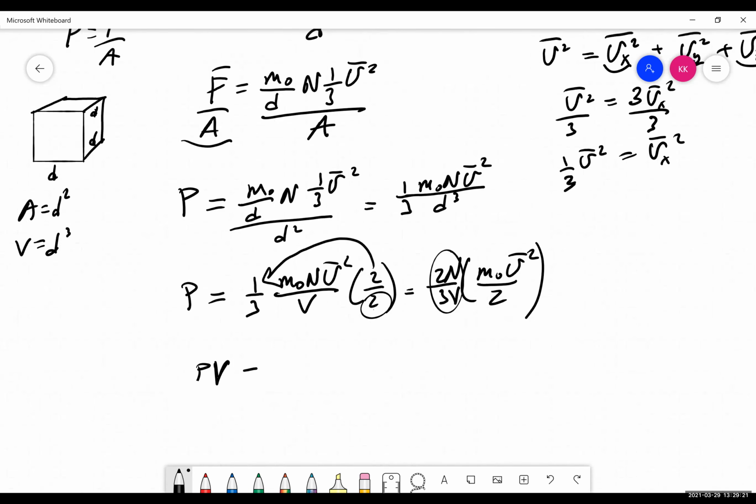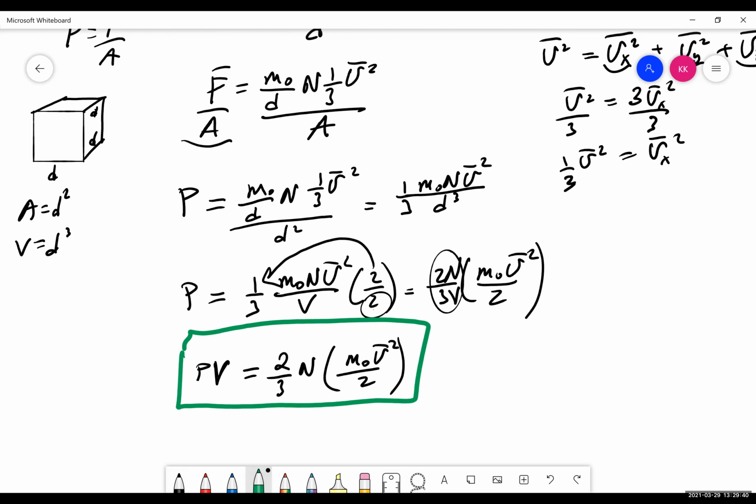So PV equals 2/3 N, then mass times velocity average squared divided by 2. Okay, so this is my equation, and in a way, this is my final equation that I can derive from that system.